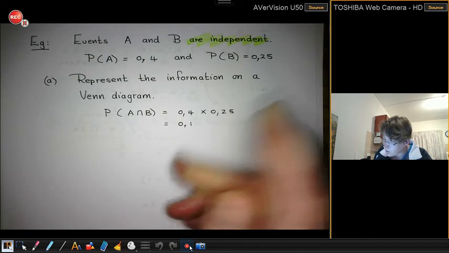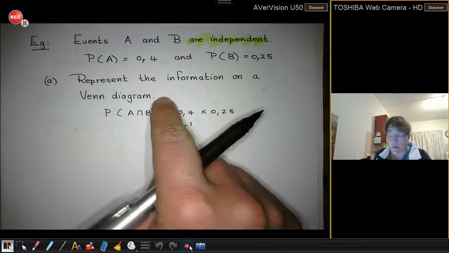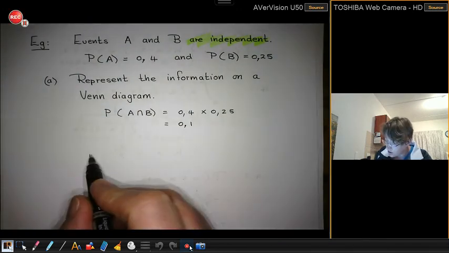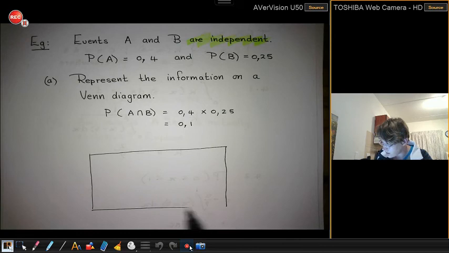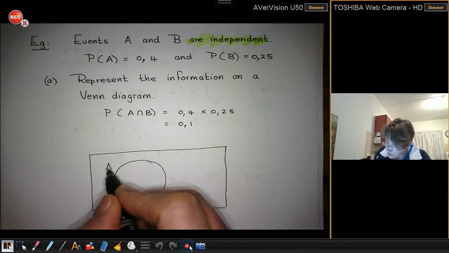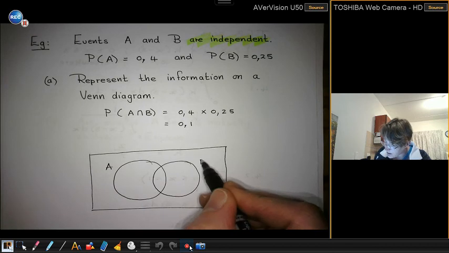Now this was important to do first, because the question said represent the information on a Venn diagram. But if you'd started with a Venn diagram without doing this part first, you would have realized you're stuck. Because I would have said there is event A, so that's going to be the probability of A.